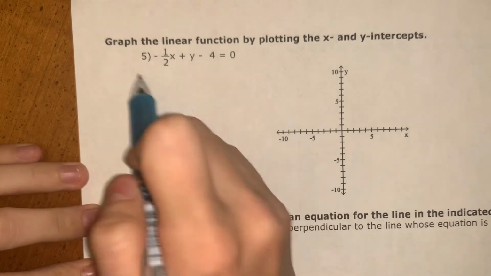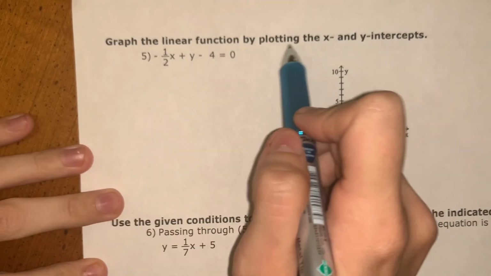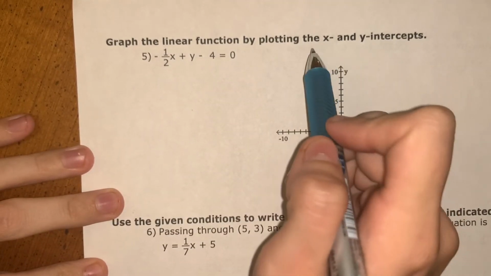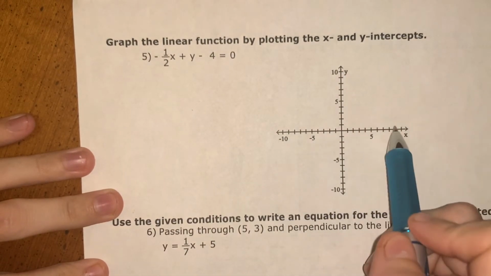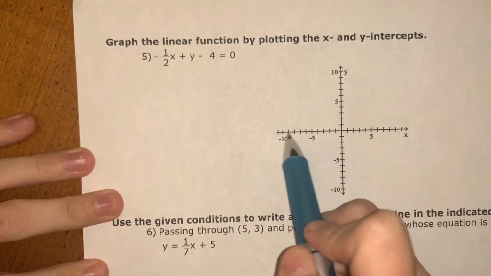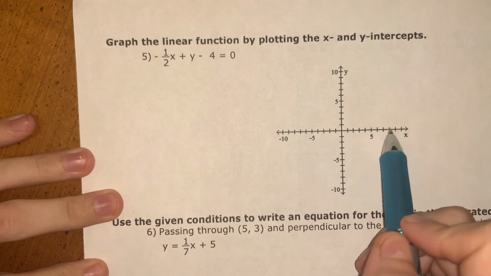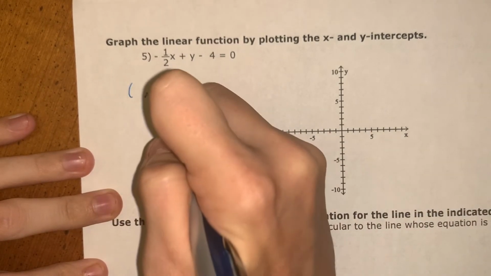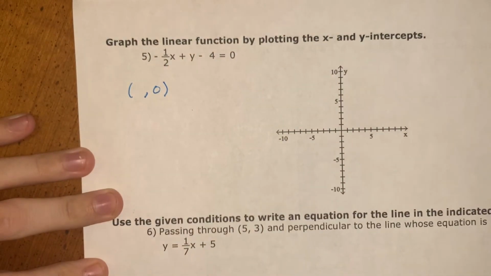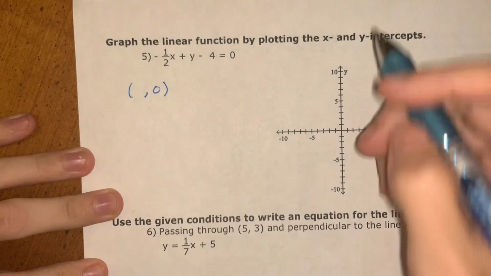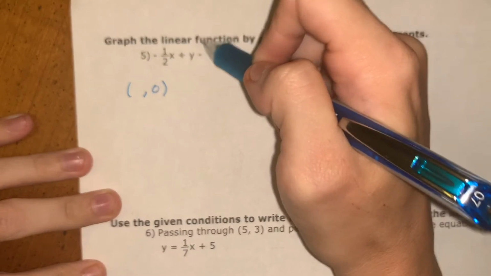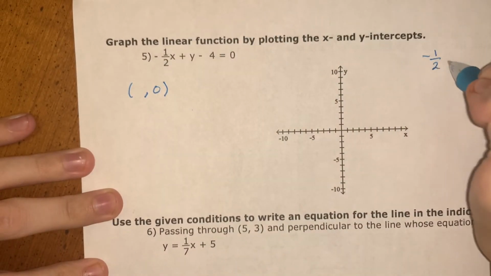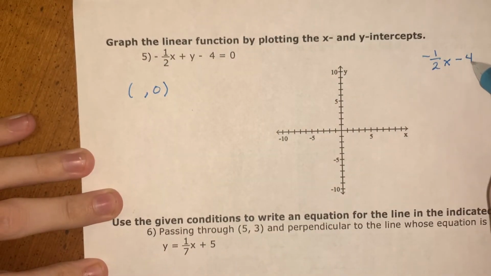All right. First thing is we want to recognize what an x-intercept is. So an x-intercept crosses the x-axis. So if it crosses the x-axis, the value of y is 0. So if I plug in 0 for y, what do I get for x? So let's imagine if I plug in 0 here, I'll have negative 1/2 x minus 4 equals 0.